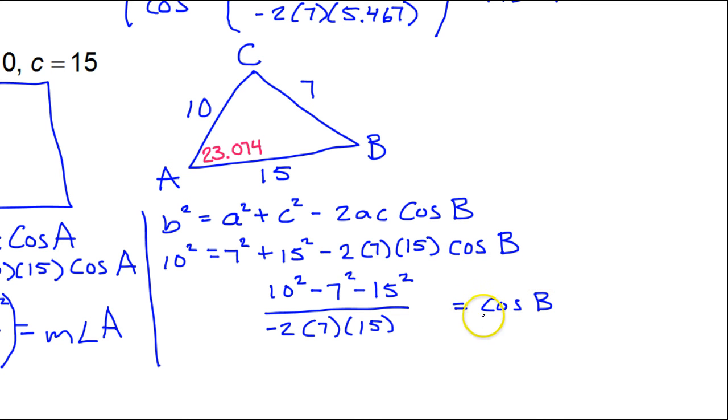So of course I don't want the cosine of angle B, I want angle B. So in order to find angle B itself, I need to do the inverse cosine of all of this.